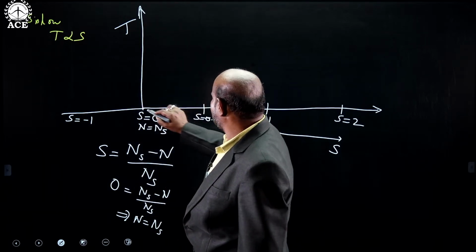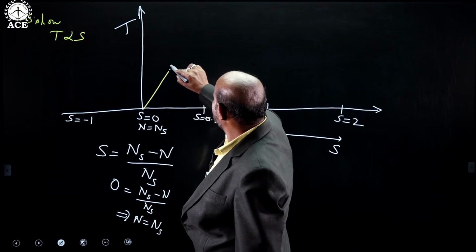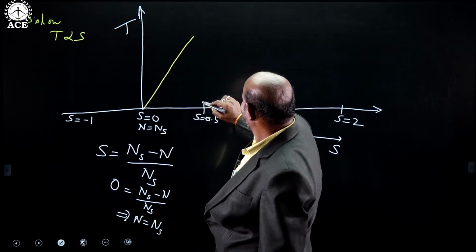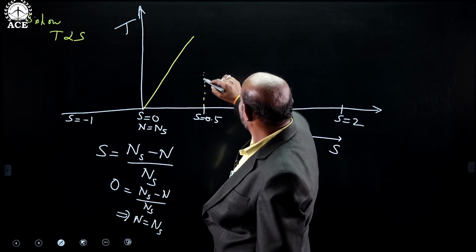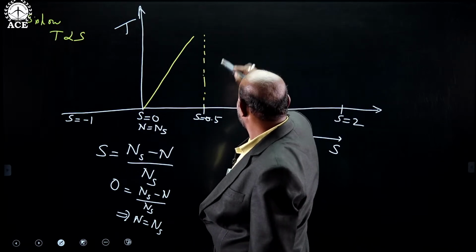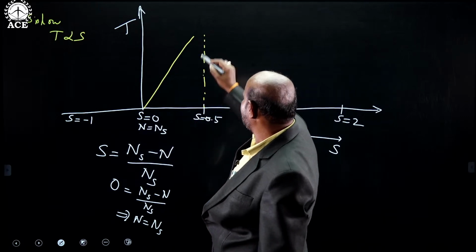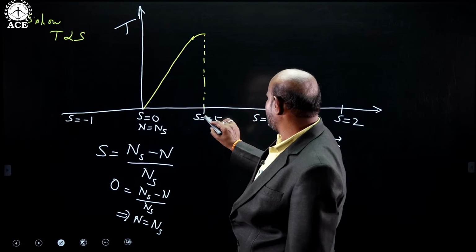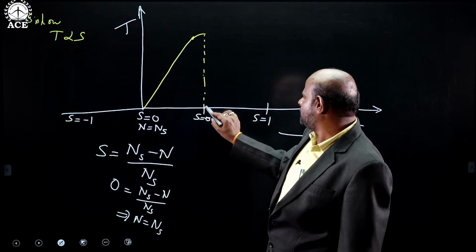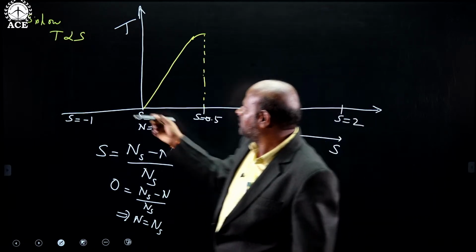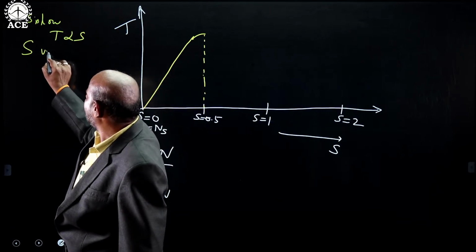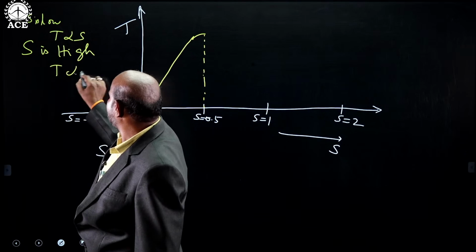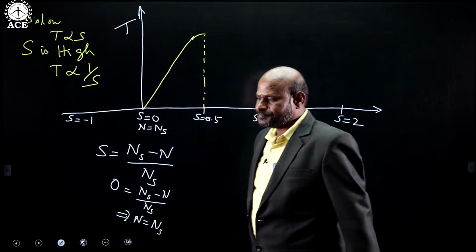Directly related means it's a linear curve for lower values. Then for the second case, for higher values of slip, that is, assume 0.5 to 1, if s is high, torque is inversely proportional to slip.